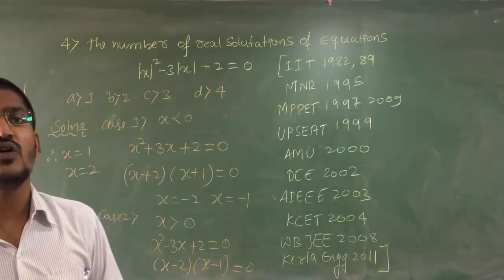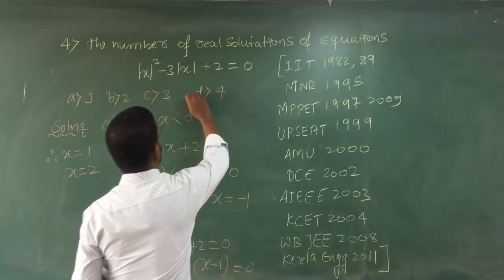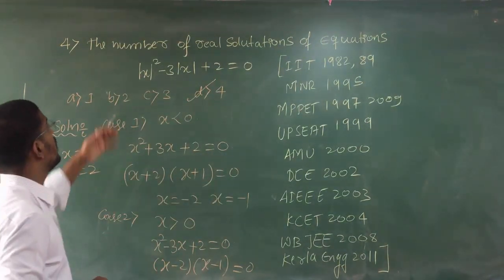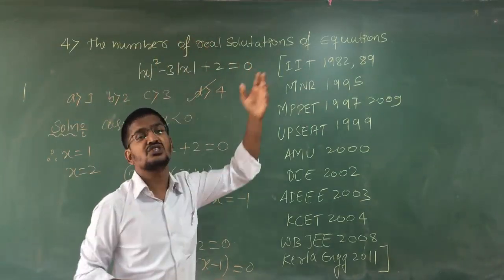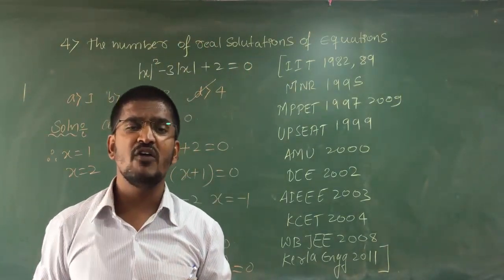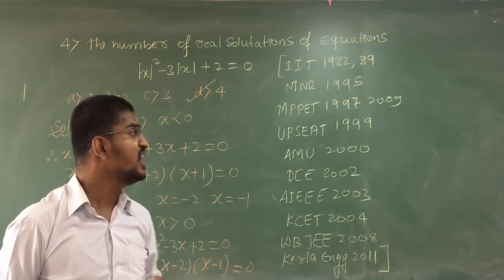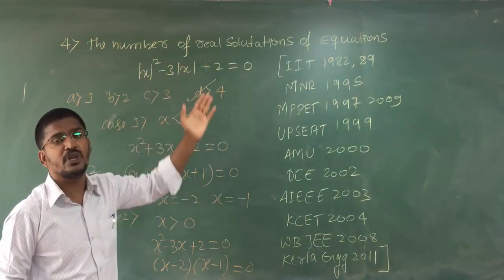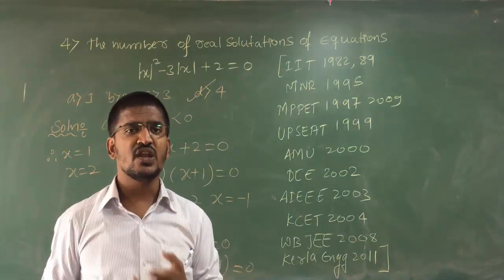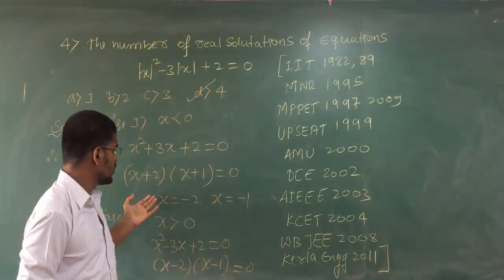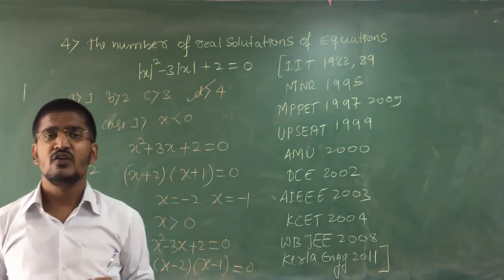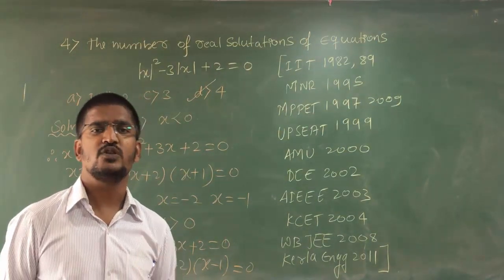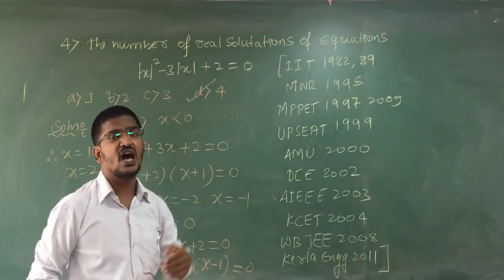That is what they want: the number of real solutions of the quadratic equation |x|^2 - 3|x| + 2 = 0. For case 1 it has 2 solutions, for case 2 it has 2 solutions. Totally it has 4 solutions. Option D is your answer.